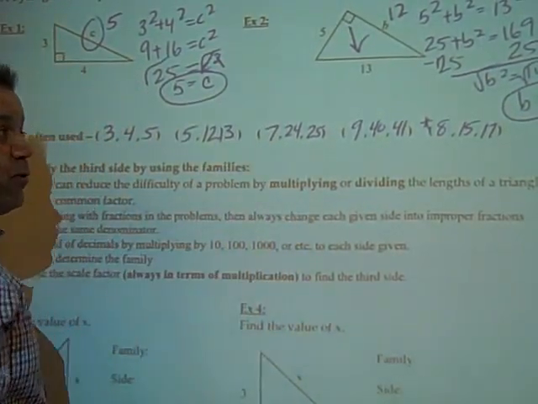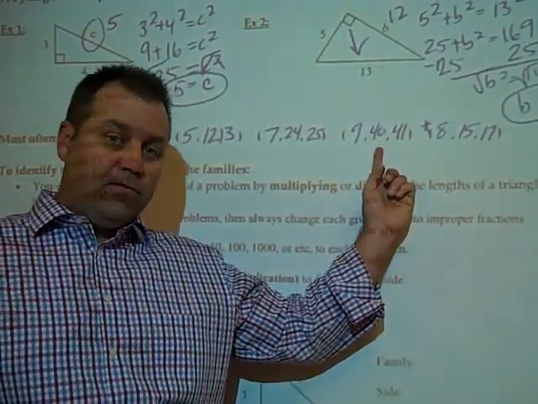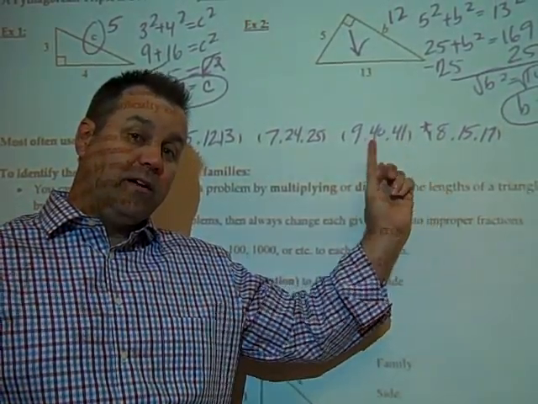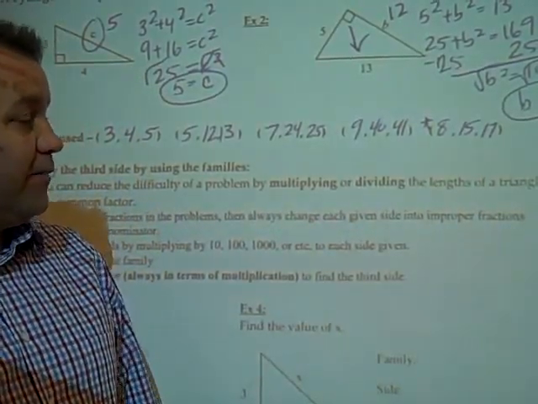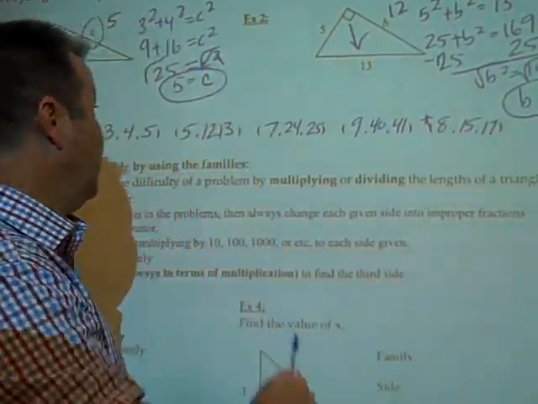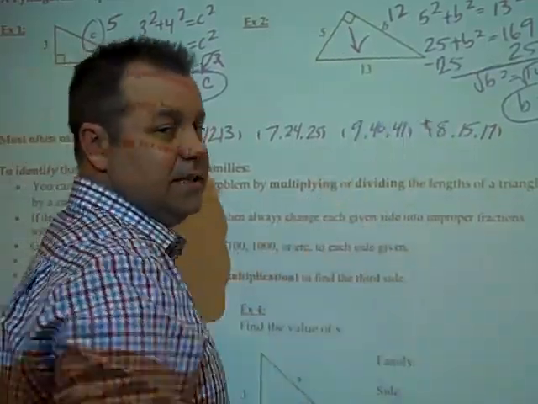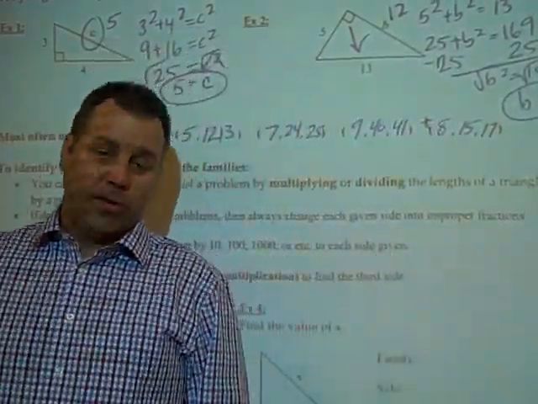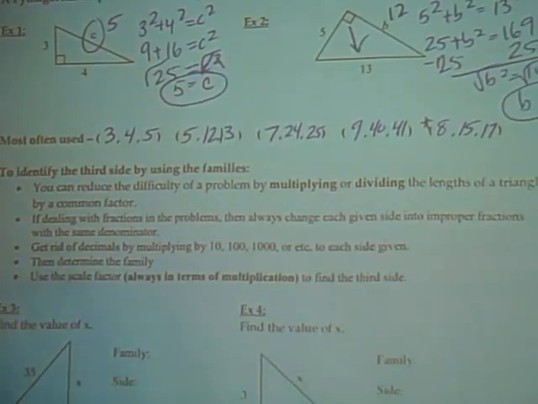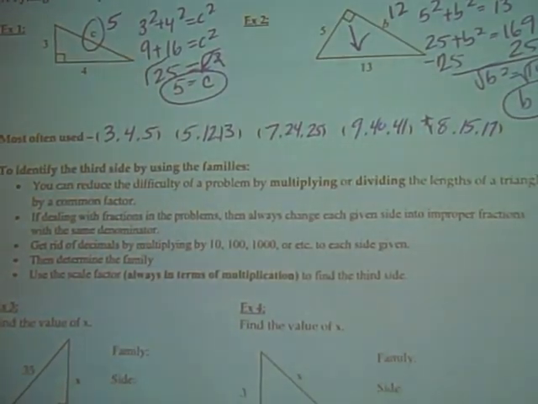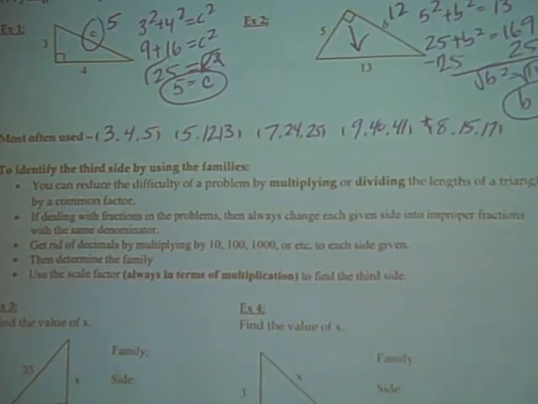So 7 squared is 49. Here we have 40 and 41, that's 81. 9 squared is 81. And this one's a little bit of the oddball. You just sort of have to remember the 8, 15, 17. If you guys can memorize these, down the road it can be extremely, extremely helpful. Okay? Save you some time, save you some effort, and we'll be able to go from there.